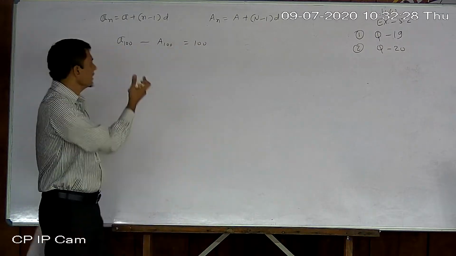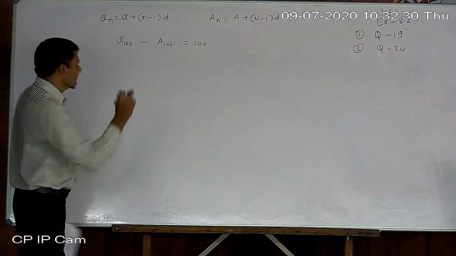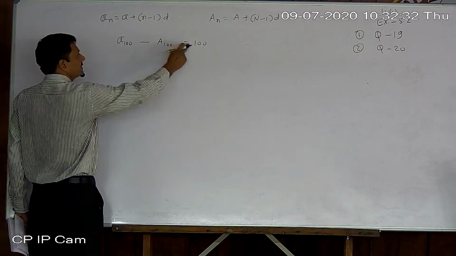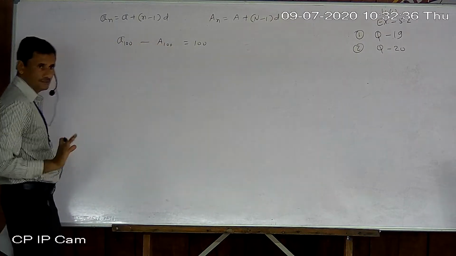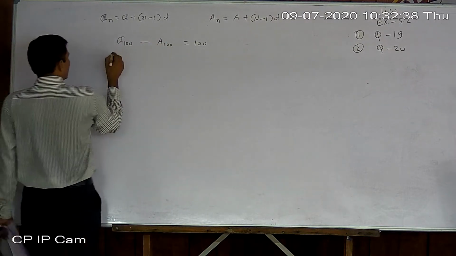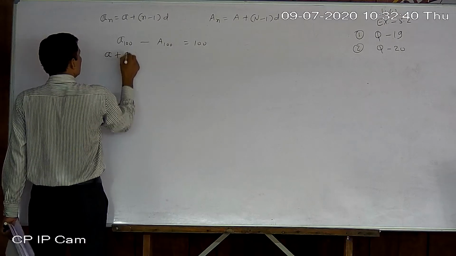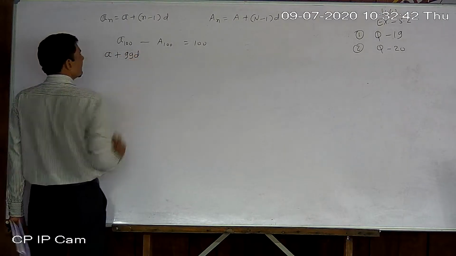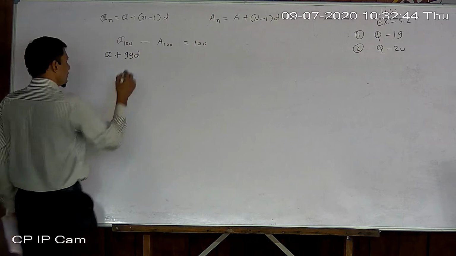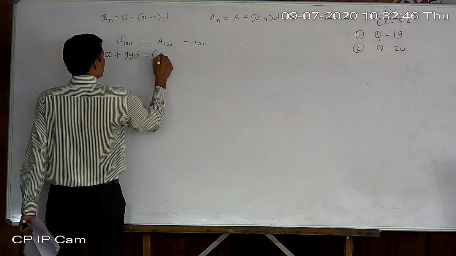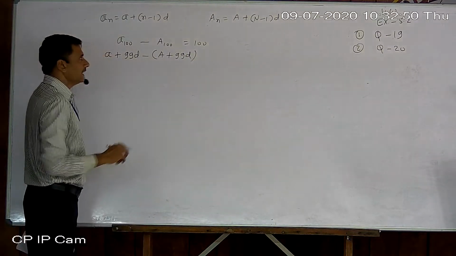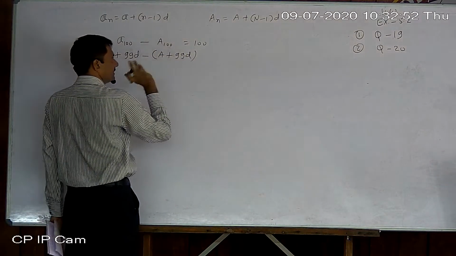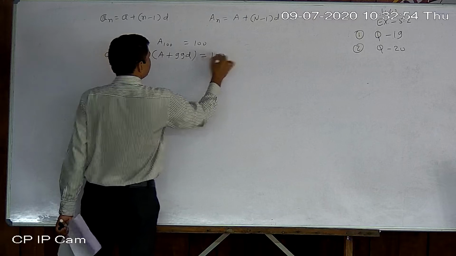So I write here in mathematical notation: the difference between their 100th terms is 100, but two different APs are there, so the symbols are different. Now write down here a plus 99d, here also A plus 99d. I wrote directly 100 minus 1, 99, is equal to 100.